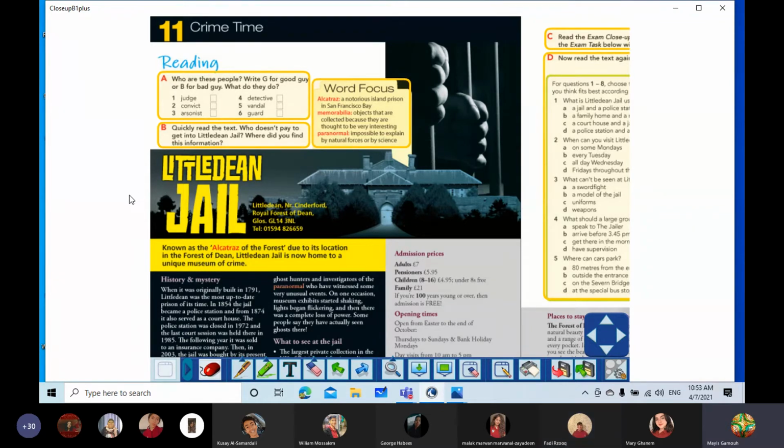Yes, go ahead, dear. Little Dean Jail. Yes, Little Dean Jail. Okay, can you read what's written here? If it's not clear from the screen, you can read it from your book. It's on page 136. No, it's clear. Okay, go ahead, dear.